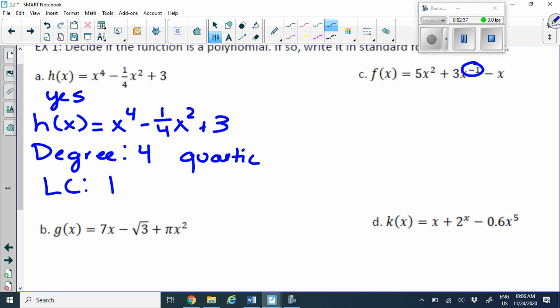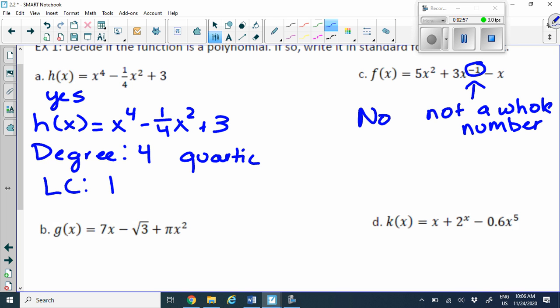Negative 1 is actually not a whole number. It's an integer, but not a whole number. So because we have one of our exponents that's not a whole number, that means no, this is not a polynomial. So if you do not satisfy all 3 criteria, then it's not a polynomial.